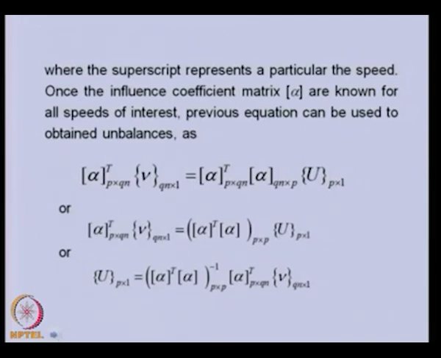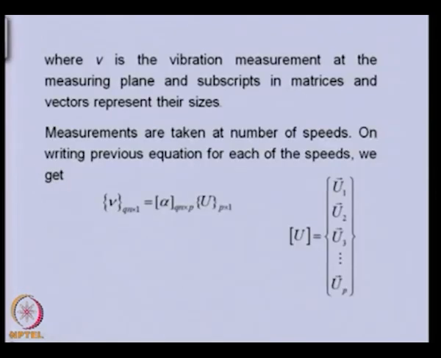That particular equation we are now using to obtain the unbalance. Basically this equation we can use to obtain the residual unbalance which is there in the p number of planes. For this obviously we need to invert this matrix, but this is not a square matrix, this is a rectangular matrix.